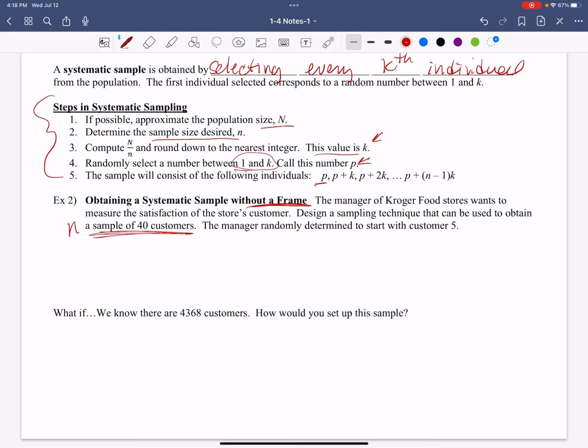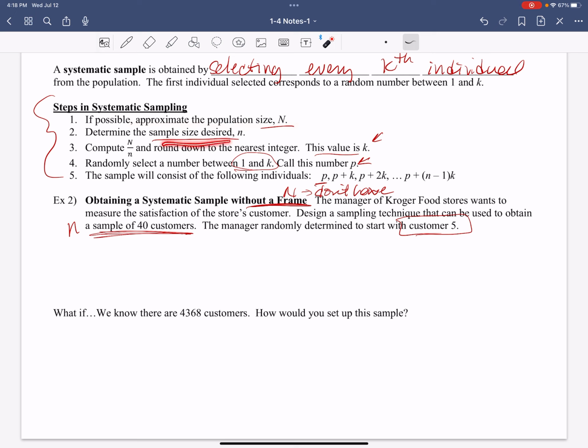So that's my n, because that's what a sample is, your sample size of n. The manager randomly determined to start with customer number 5. So that's just where they're starting with this. This is without a frame, so we do not have capital N. Because we don't have that capital N, because we don't have a frame, if possible, we do that.